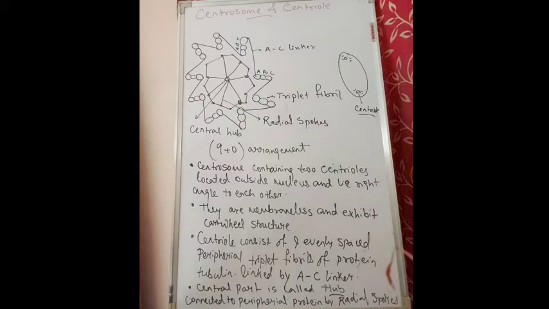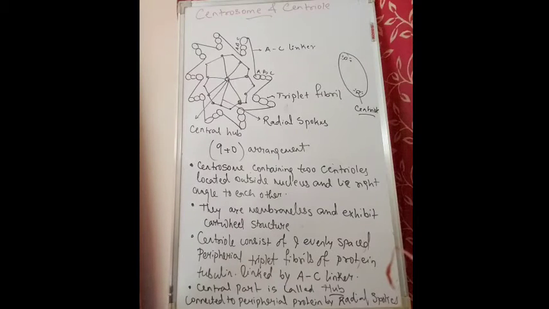Now this centrosome containing the two centrioles is always located outside the nucleus, and they lie at right angles to each other. And remember, they are amembranous, that means they are membraneless, and exhibit a cartwheel structure.